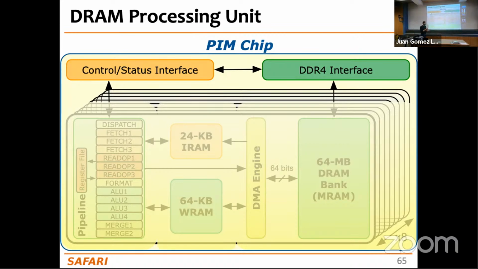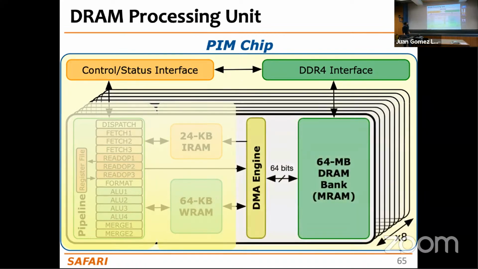Because we need the CPU to have the ability to tell the DPUs, you start computing this, right? And also we want the DPUs to inform the host processor when the kernel terminates: I'm done with my task, you can continue the execution. This is something normal in the accelerator model that this UPMEM-based PIM system follows.